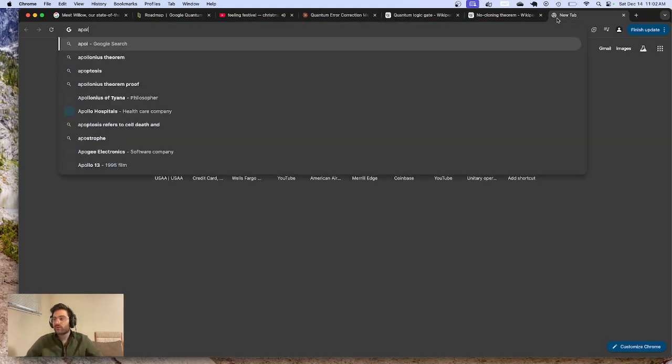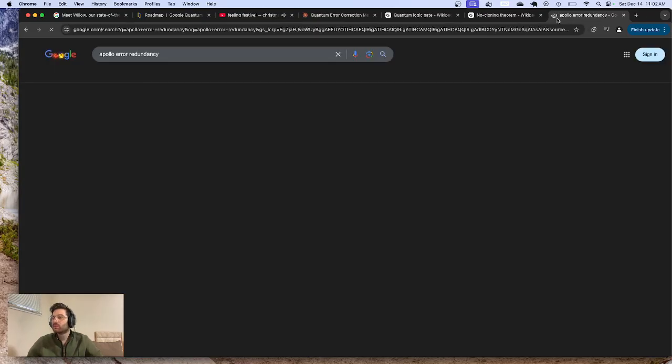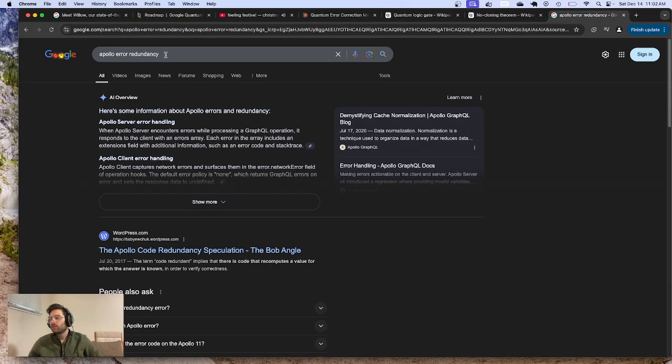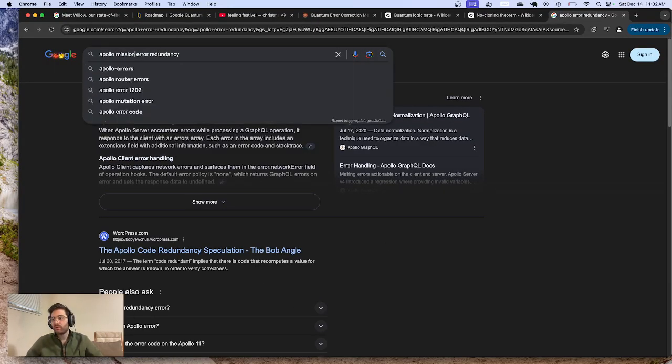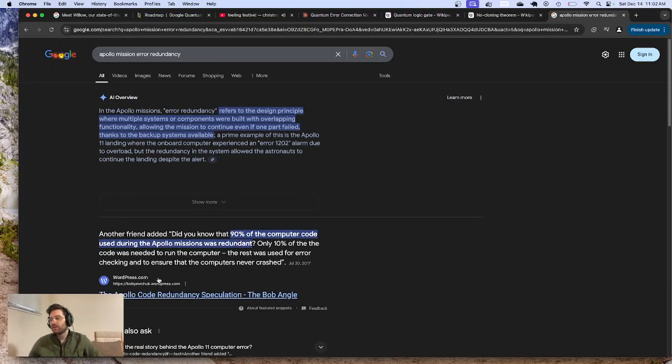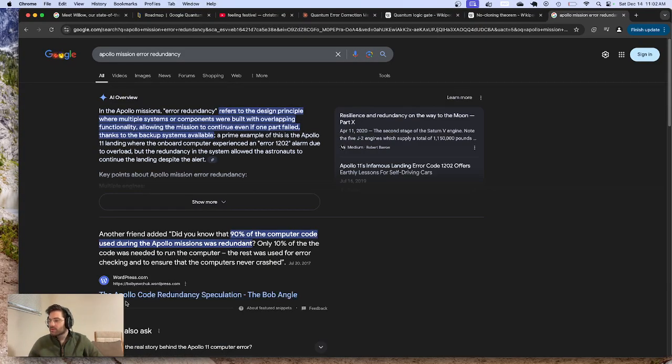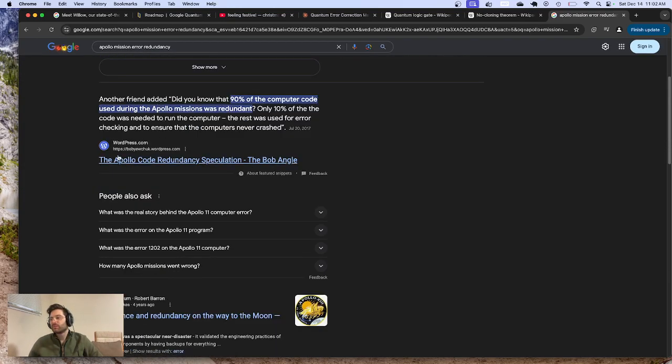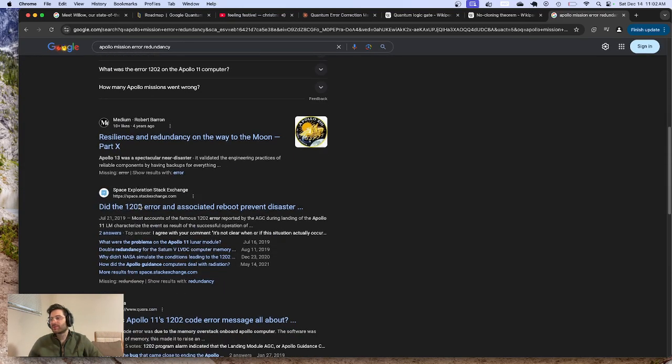I wonder if there's a good article I can pull up. Apollo mission error redundancy. Apollo code redundancy speculation? No, okay, yeah, here's what they're saying. That's from WordPress. Let's find a better source.